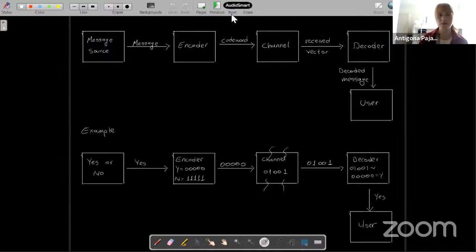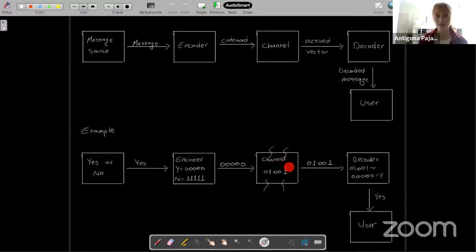As a simple example, I wrote this one. Suppose that we have yes or no as message source, and we want to send it to some user. Now, we want to send the word yes. Yes passes through the encoder. The encoder encodes yes as 5 zeros and no as 5 ones. So from yes, it sends the code word to the channel.